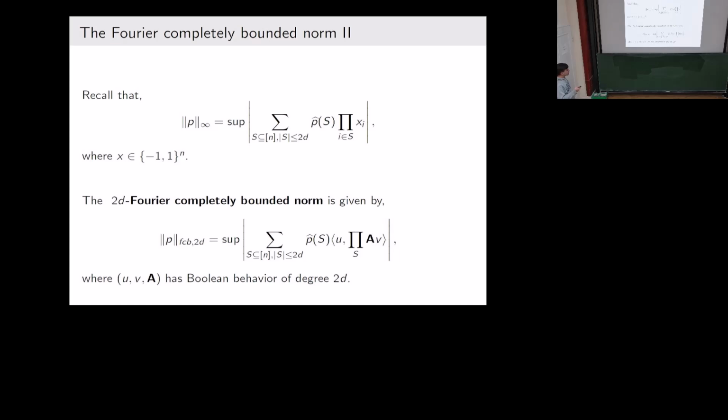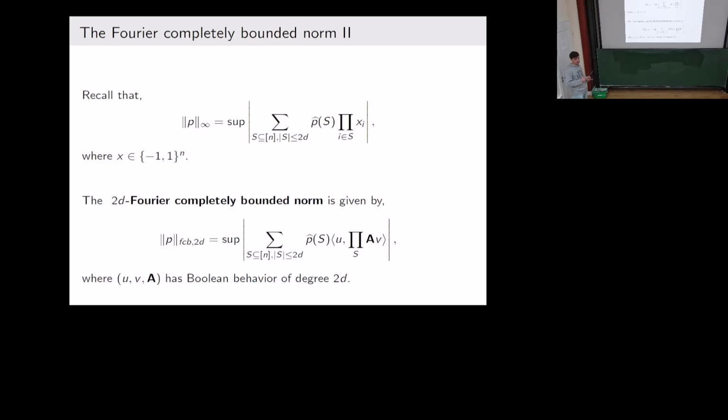So here it is 2D because this is the kind of behavior that the matrices have. If you change the length of this behavior, you might get different norms. This is a bit technical, but this is the norm that we care about to prove the Aaronson-Ambainis conjecture. Just to be sure, that product of S is not a product of S things. It's a product of 2D things.